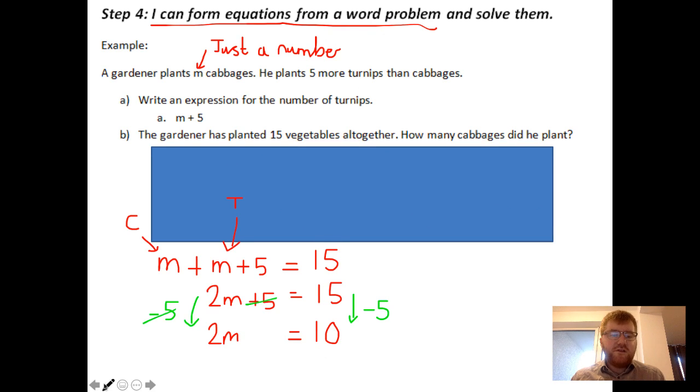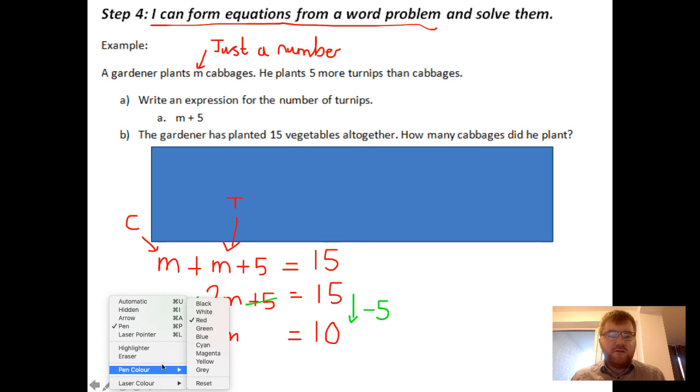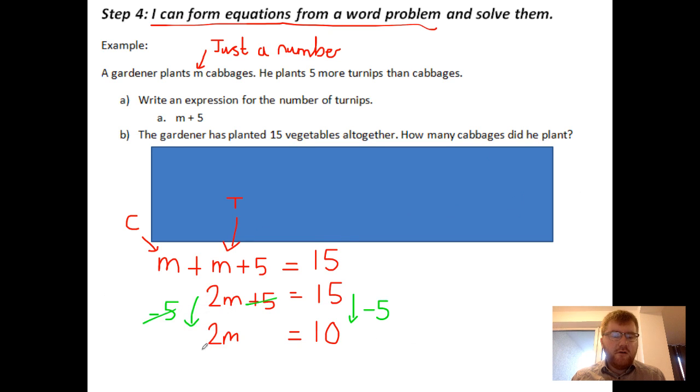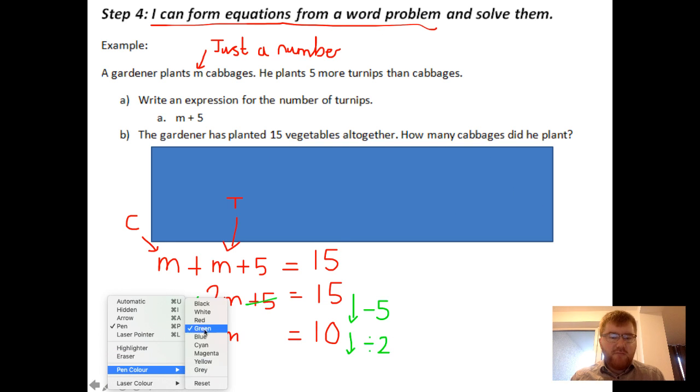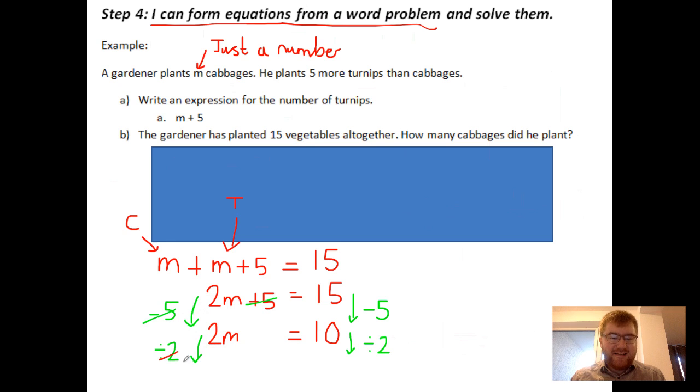And then what's the opposite of timesing by 2? Well, we want to divide by 2 on both sides of the equation, like so. So this cancels with this. Then we get M is equal to 5.